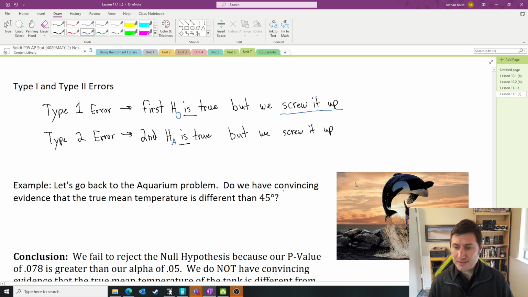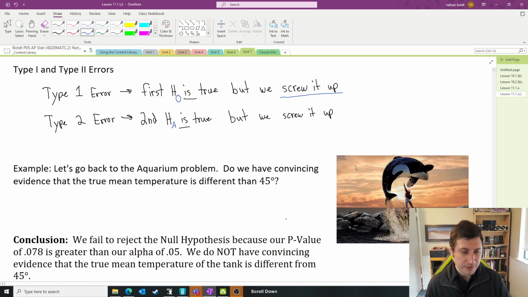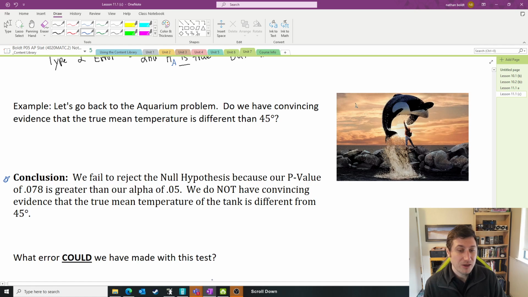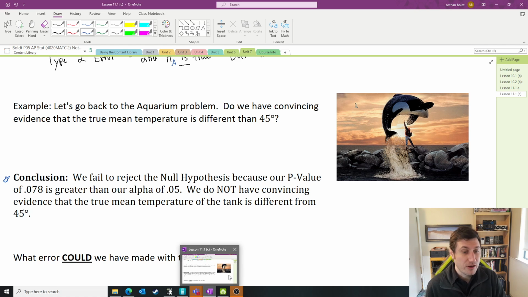Let's do a quick example of this, and then you can try the ones I've got in the Desmos to see if this is making some sense. It is difficult. All right, so back to our aquarium problem with the 45 degrees. So we failed to reject the null in that question. So here's the actual full conclusion. We failed to reject the null because our p-value of 0.078 is greater than our alpha.